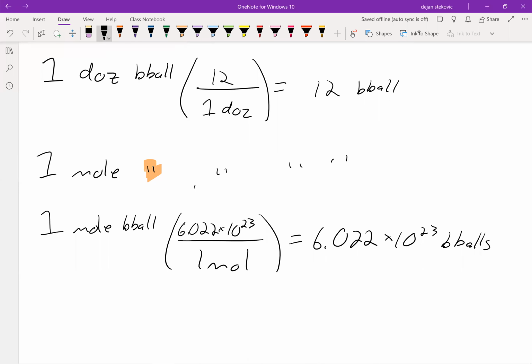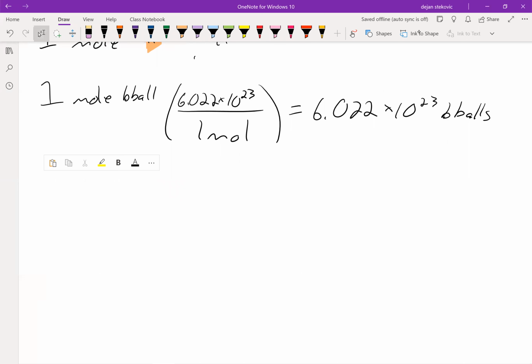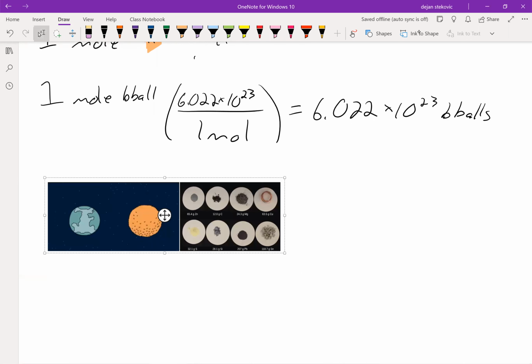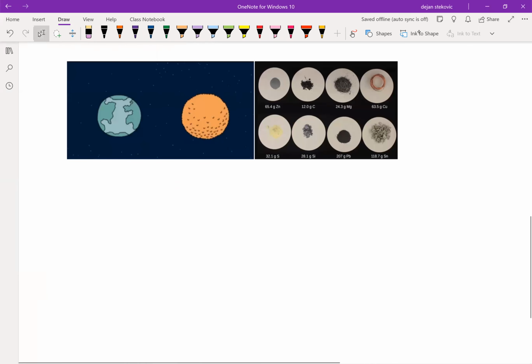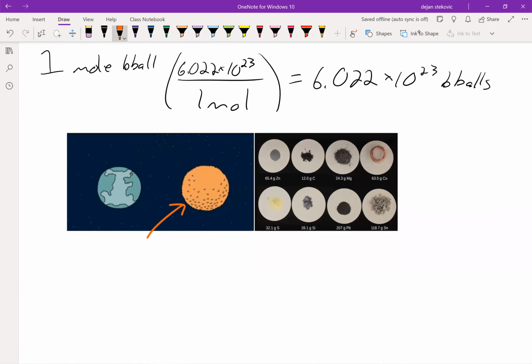And then I've got a visual representation of this for you. So over here on the left, we have a little picture of Earth, and then we have a picture of 1 mole of basketballs. And so you can see if you had 1 mole of basketballs, you'd have a large ball of basketballs the size of Earth. So you can see that 1 mole is just an absolutely large number.